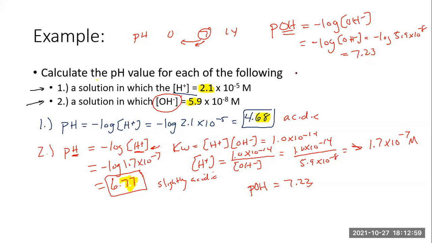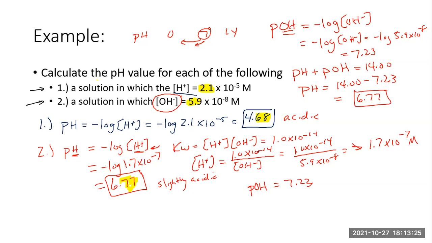And that's not necessarily a bad thing, other than it's really not the pH. But there is a nice relationship between pH and pOH. pH plus pOH equals 14, which means you could then solve for the pH by taking 14 minus 7.23. And that yields us our 6.77 pH.